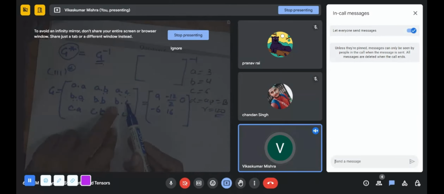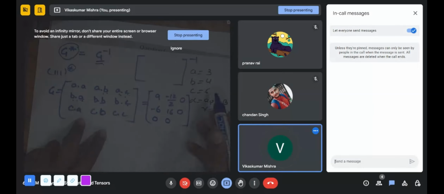B and C will be alpha, and alpha is 90 degrees, so this will be 0. And this is also 0, and C square we know is 36. And so we can say that our metric tensor is 9, minus 6, 0, minus 6, 16, 0, 0, 0, and 36.